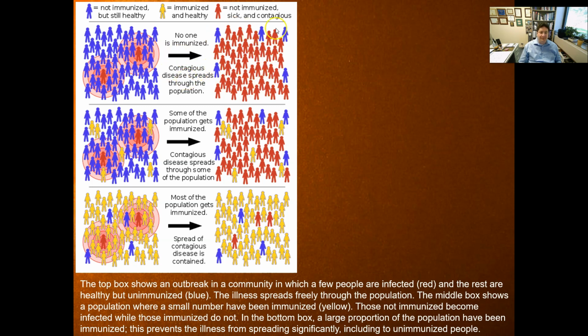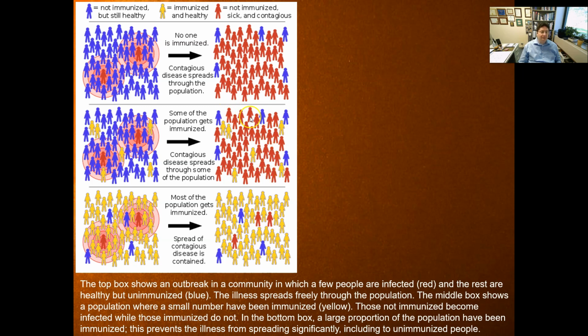It spreads rapidly, and my whole population is now almost infected. In panel 2, some individuals are vaccinated. So these are the ones in yellow. Here, these two individuals in red get sick. With some of the population immunized, the contagious disease spreads, but not as much. It still spreads, but a little bit less people are infected.